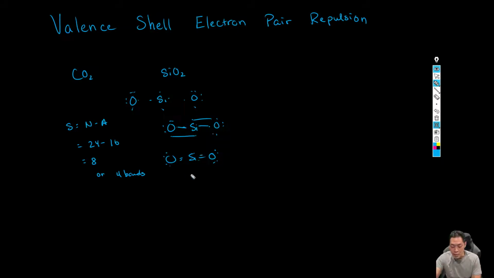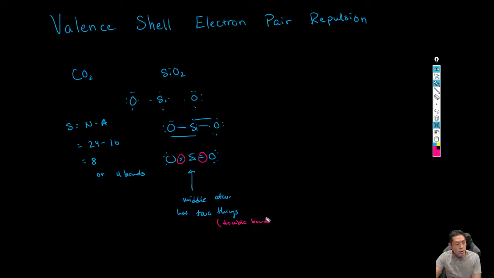So the middle small atom has 2 things around it. It has one bond here and one bond here. So even though it's a double bond, it's one thing. So it has 2 things, in this case 2 double bonds around it.